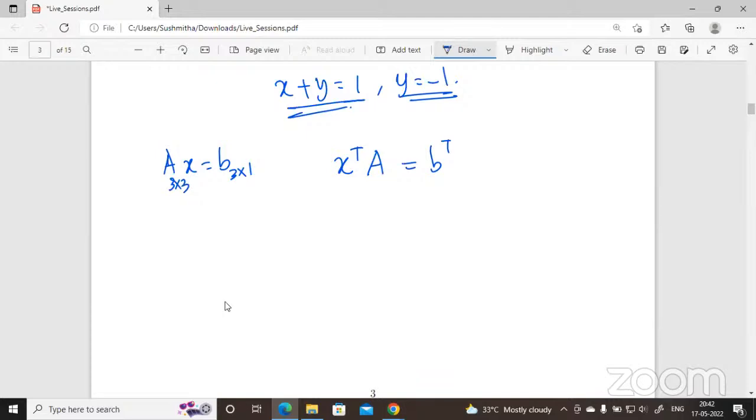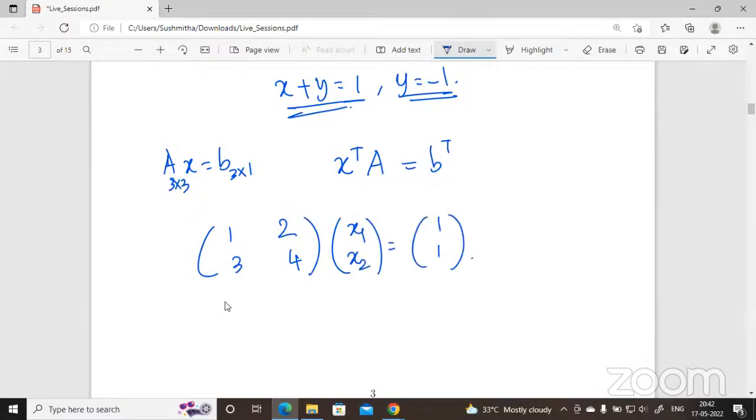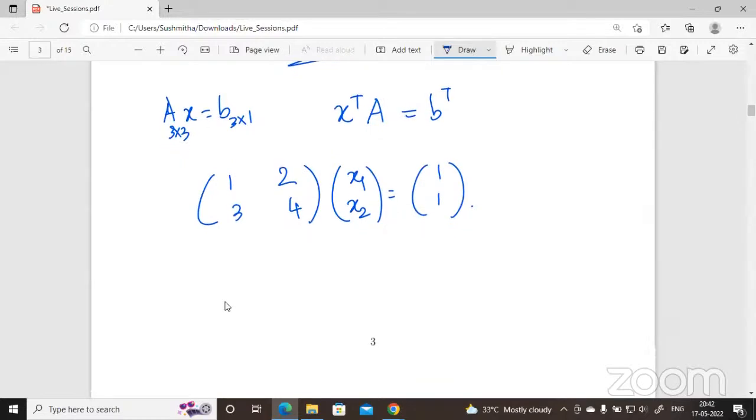B transpose. No, you might not get the same system, no? Why not the same? 2 cross 2, 3 cross 3 doesn't make a difference, right? So this is my system.